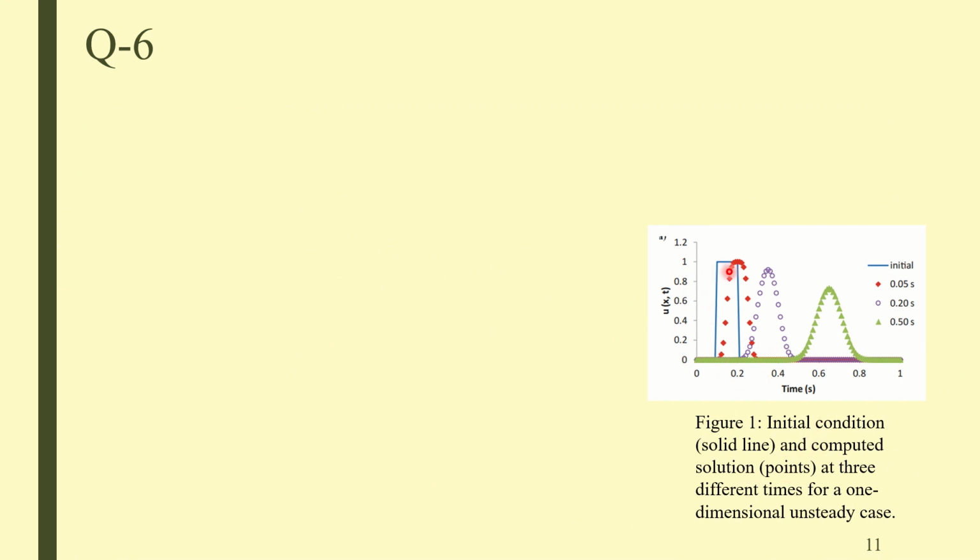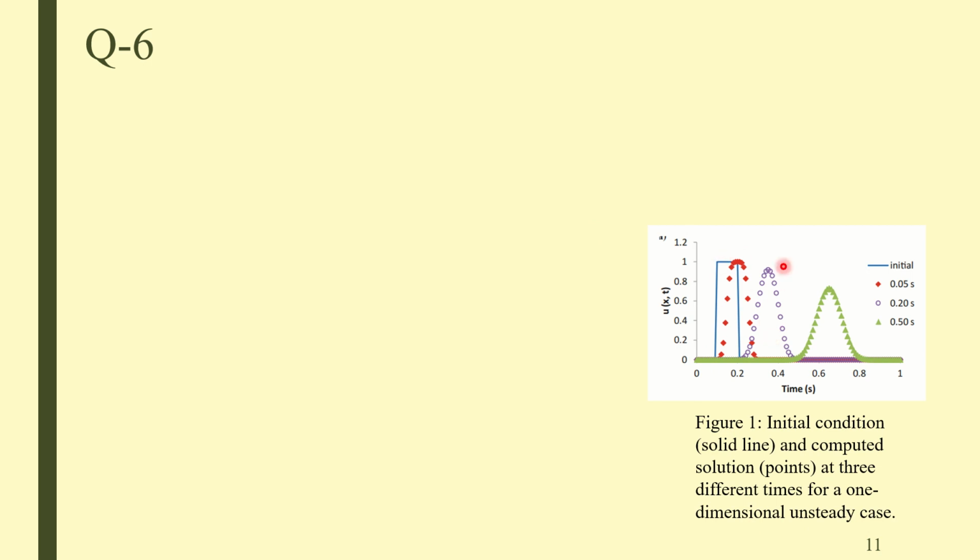The solid line is the initial condition, and the dotted lines are the computed solutions at 3 different times: 0.05 seconds, 0.2 seconds, and 0.5 seconds, for a one-dimensional unsteady case. So it is mentioned that it is a one-dimensional, unsteady problem.